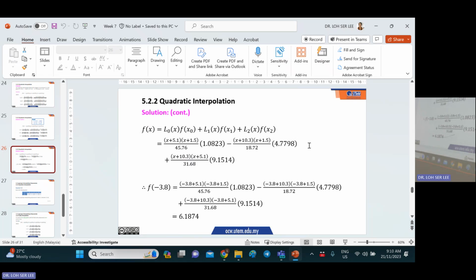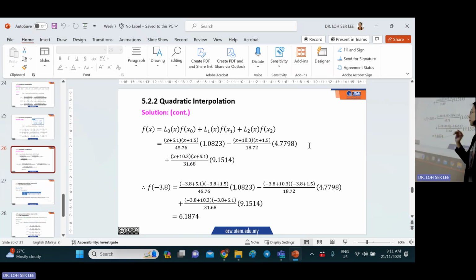If you put everything in one line, this is what you will get. So L0, L1, L2. After you substitute the x0, x1, and x2, you get this. This one you simplify first. And then these are the y values, y0, y1, y2. Finally, we substitute the x with negative 3.8 to find the estimation.